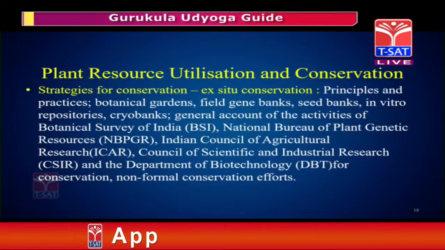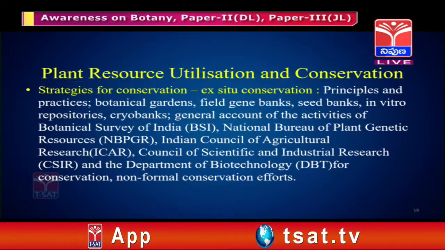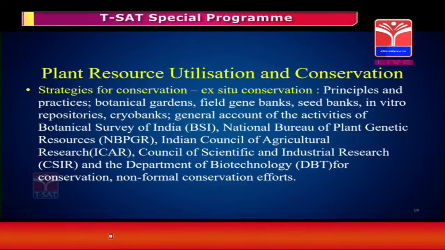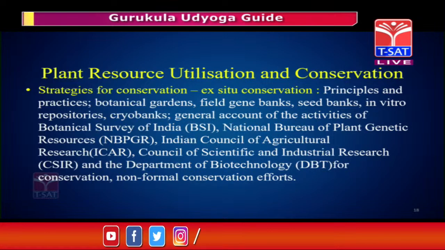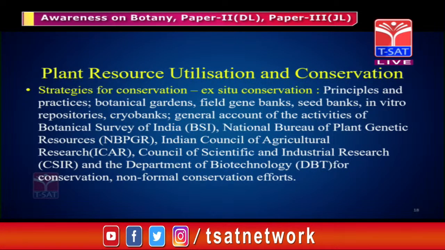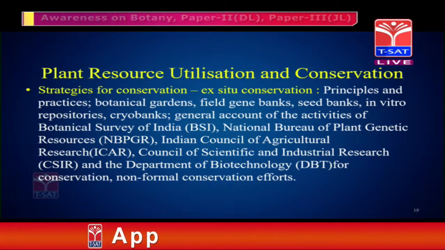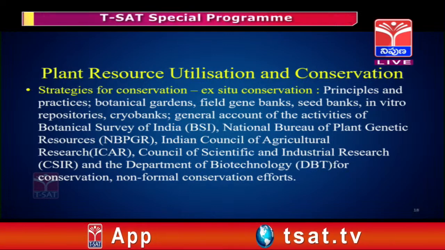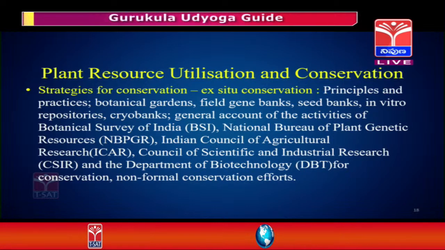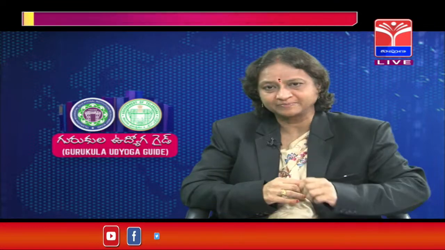What is NBPGR, that is the National Bureau of Plant Genetic Resources, doing? What are their ideologies? What are their aims? What are their objectives? How far have they come in their journey of protecting or conserving the plant resources? CSIR, DBT, these institutions, their aims, objectives, and where they are located, this has to be learnt.